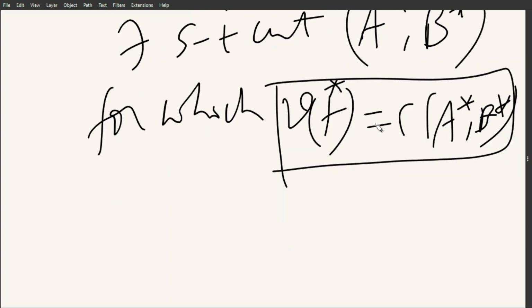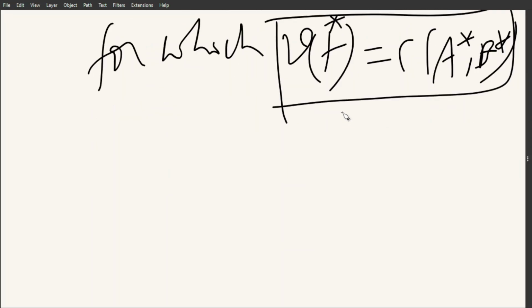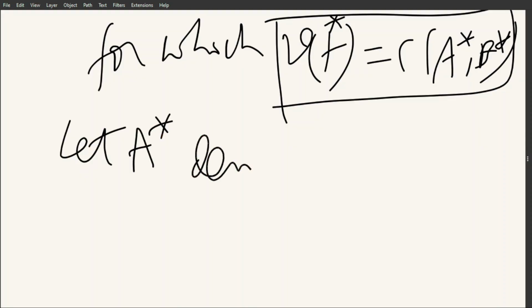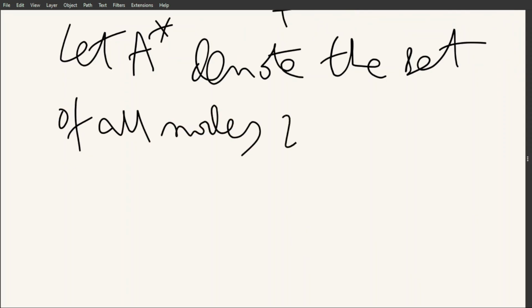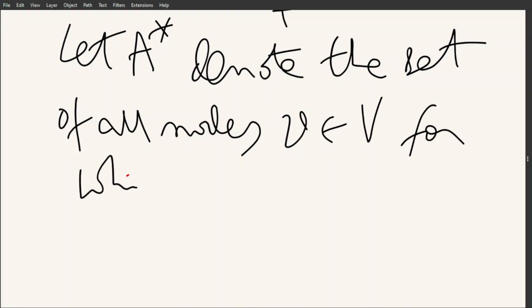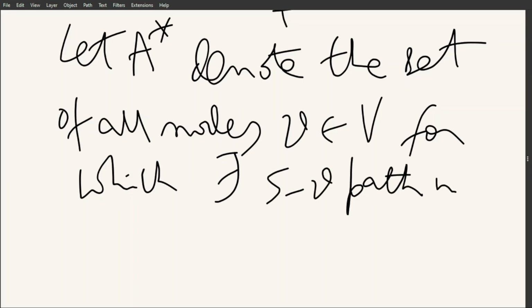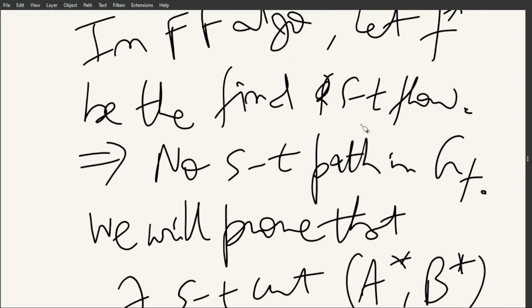In A star we include all vertices reachable from S. So let A star denote the set of all nodes V in the vertex set for which there is an S-V path in G_F star.